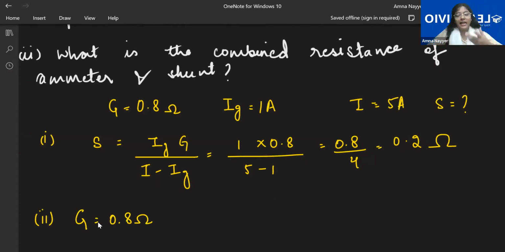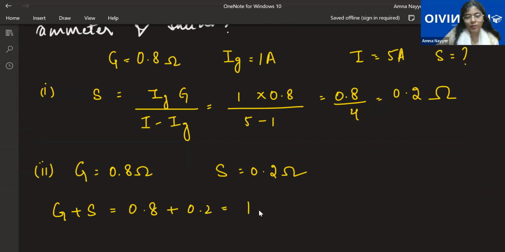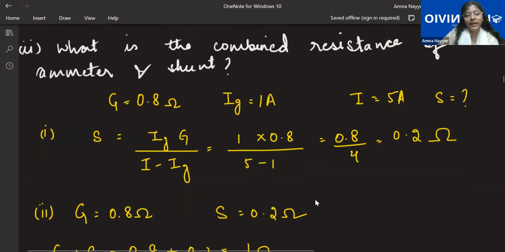Galvanometer is technically acting as our ammeter. And value of the shunt is 0.2 ohm. So what's their combined value? G plus S is 0.8 plus 0.2, which is 1. Okay.